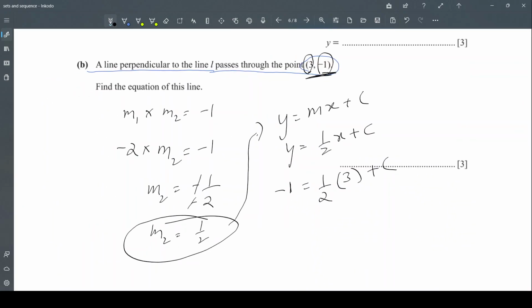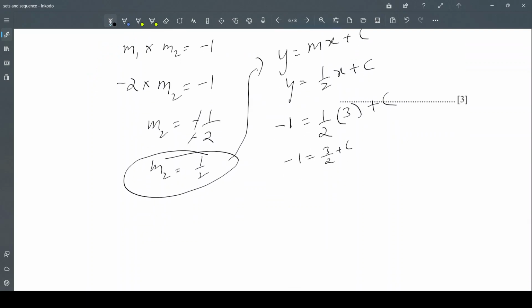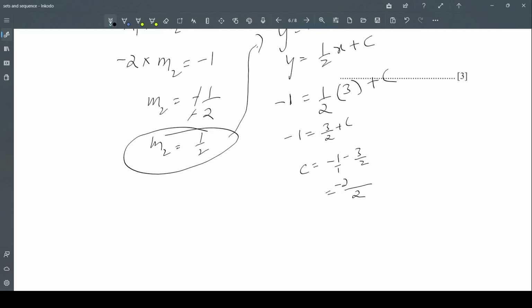So this will be minus 1 equals 3 by 2 plus c, and c will be equal to minus 1 minus 3 by 2. If we solve this, minus 2 minus 3, it's minus 5 by 2.